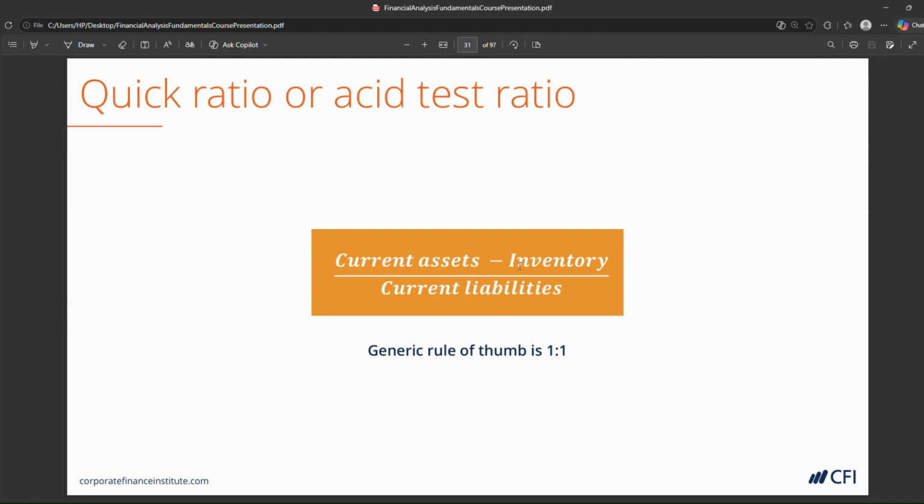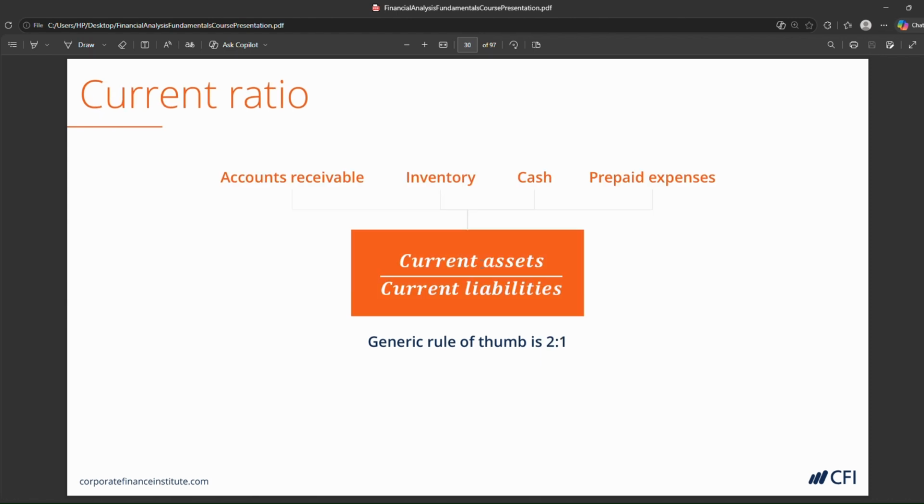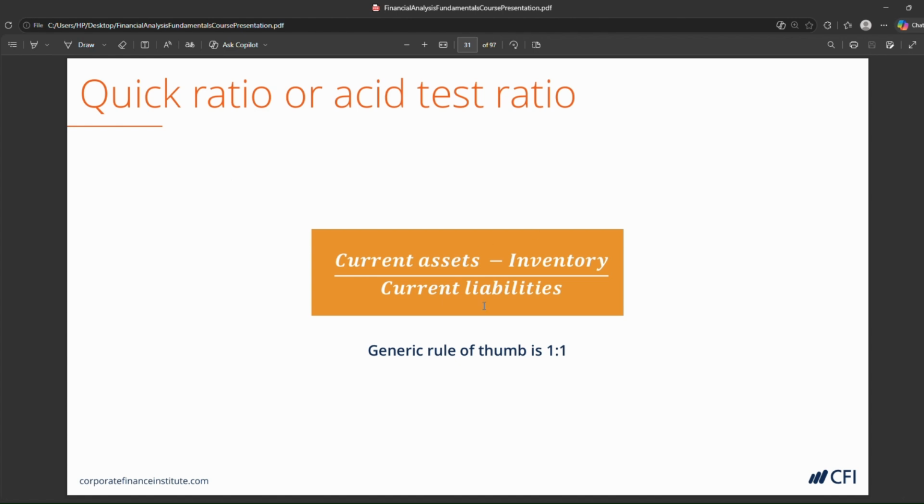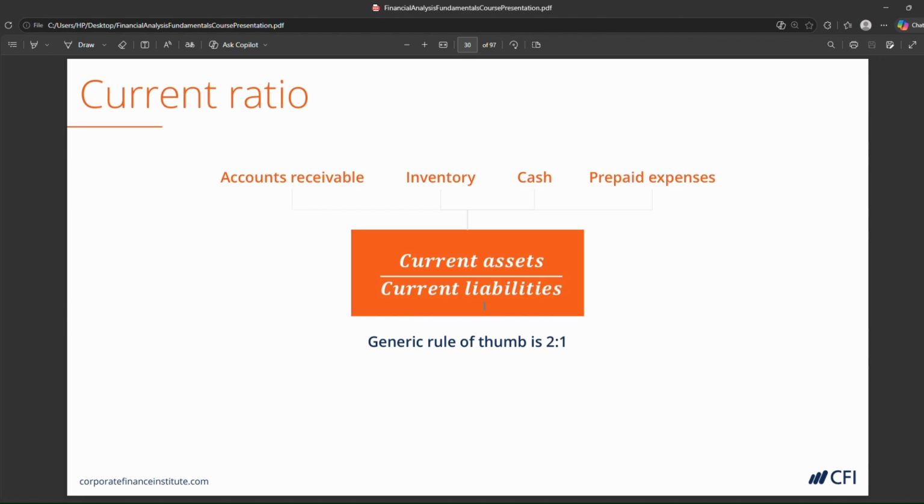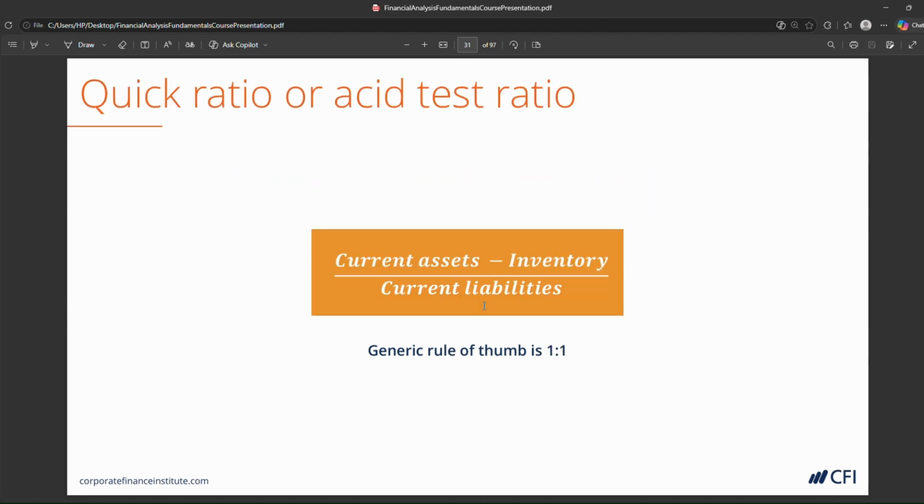So what we have left is basically the remainder of the composition of this. Remove inventory. We have left accounts receivable, cash, your bank, your prepaid expenses, and the like. So remove that and check it in relation to your current liabilities. This is something we can actually do. So the thumb rule here is 2-to-1 for current ratio and 1-to-1 for quick ratio.